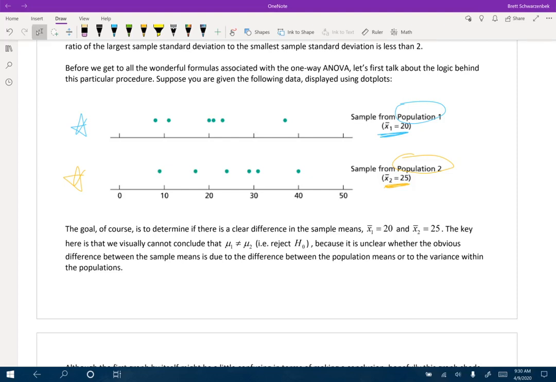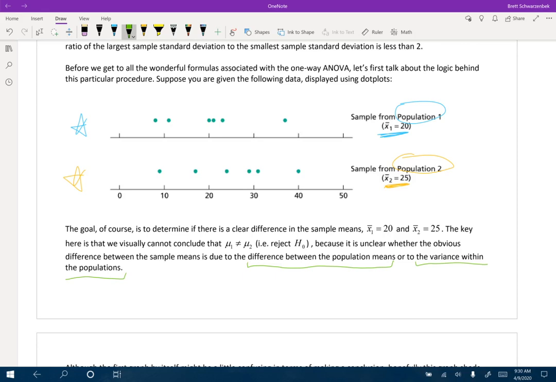In order to do that, there are two concepts at play. We're trying to determine if the difference between the sample means is due to the pure difference between the population means or the variance within the populations. These are the two concepts going on here. If it's clear that one is more obvious than the other, that would lead to a rejection. If it's unclear, then it won't.